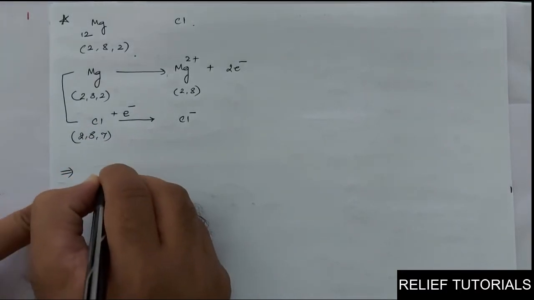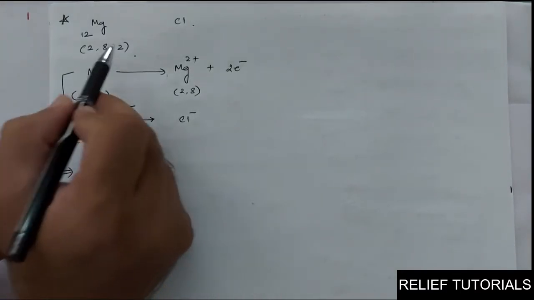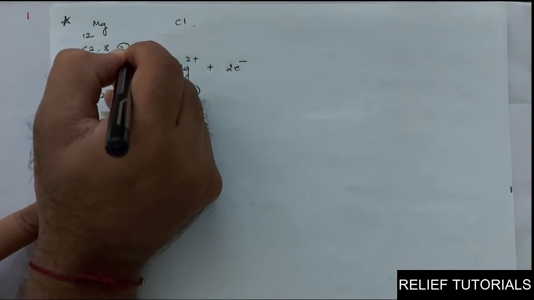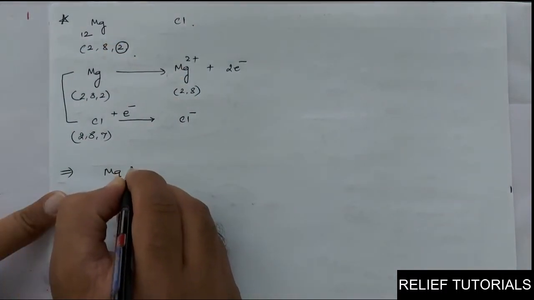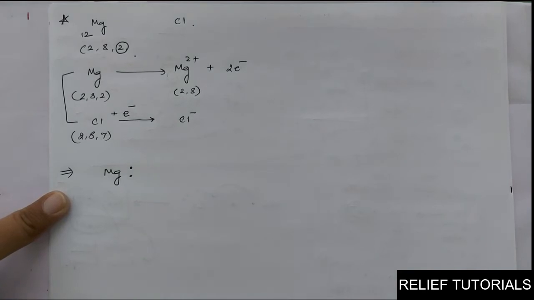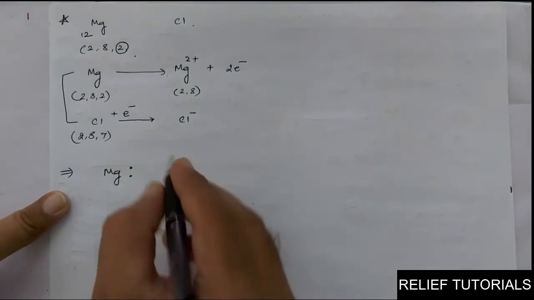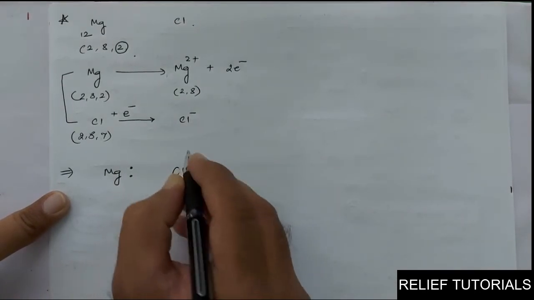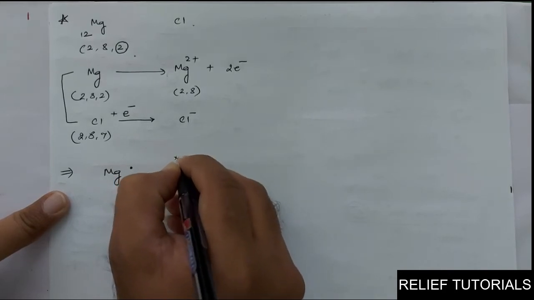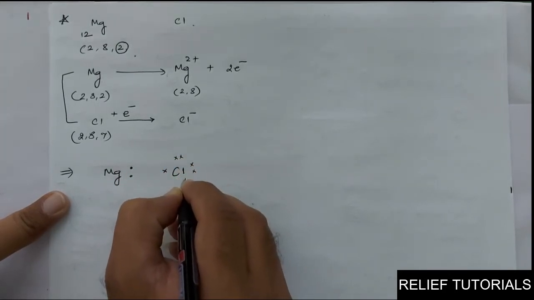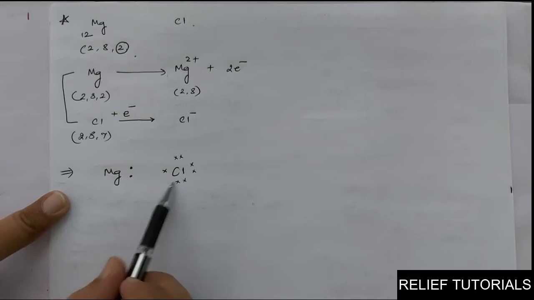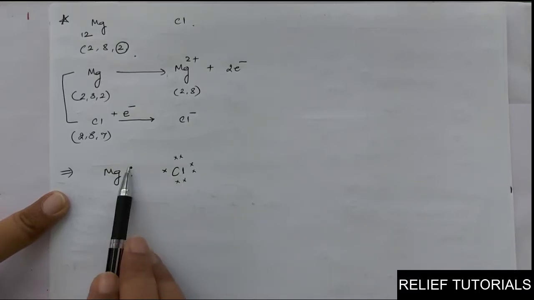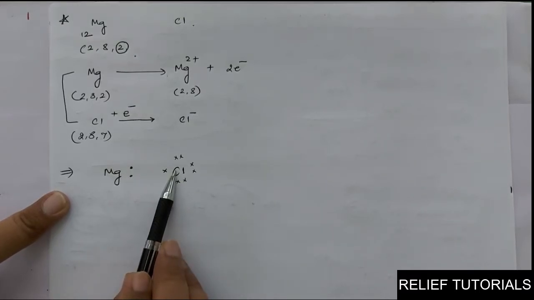Let us draw. Magnesium has how many electrons in the outermost orbit? 2. So let us say these are the 2 outermost orbit electrons of magnesium. Chlorine has atomic number 17, so it has 7 electrons in the outermost orbit. So as per the configuration, one chlorine requires only 1 electron from magnesium.